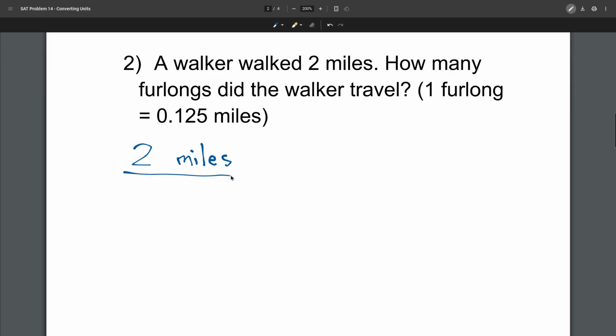So I'm going to just write this as 2 miles over 1. And then let's multiply by our conversion factor. So 0.125 miles for every 1 furlong.